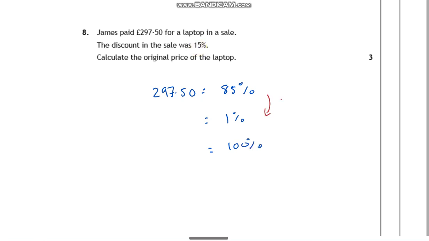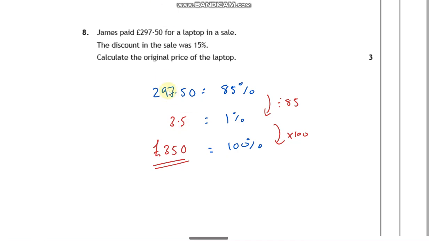To do that, I need to divide both sides by 85, and then multiply by 100. So get your calculator out. So 1% is going to be 3.5. I multiply that by 100 for £350.